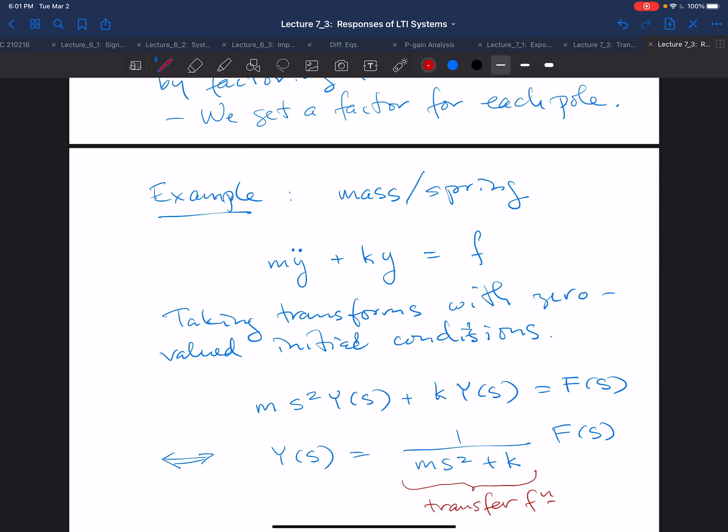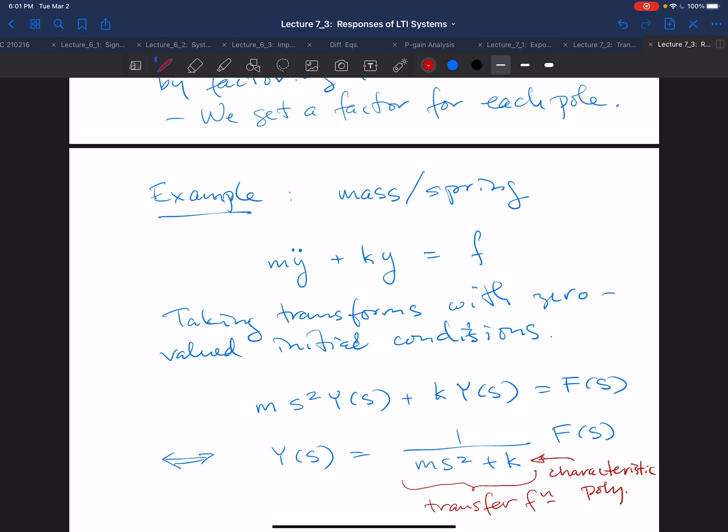Normally we factor, of course, the denominator of the transfer function, which, by the way, is often called the characteristic polynomial. That's terminology that's used in differential equations as well.